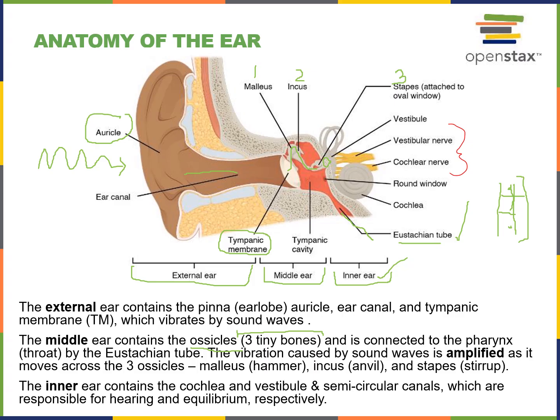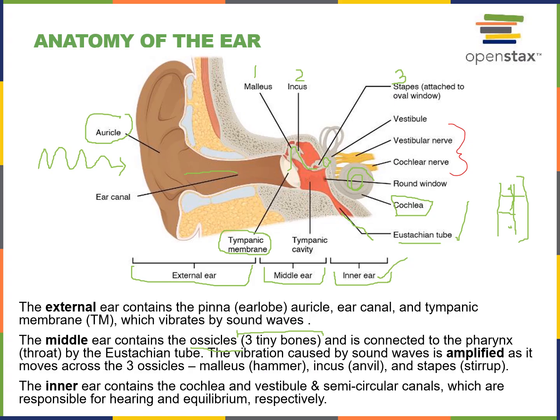Now in the inner ear we have the cochlea. This is the structure that looks like a snail shell, this coiled structure here. And the cochlea has inside it other structures that help with hearing. There's fluid contained within the entire inner ear, so within the cochlea there's fluid.